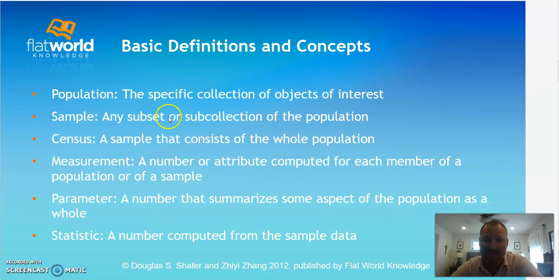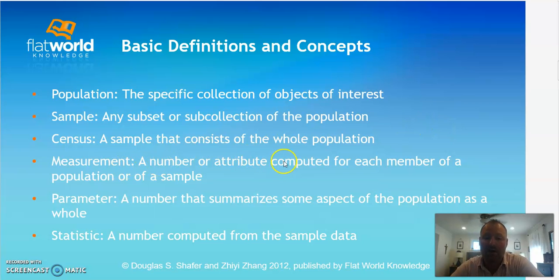A sample is any subset or collection of the population. So maybe we're only looking at those individuals that happen to be male in the United States, and we're testing for the COVID-19 virus, right? Census: a sample that consists of a whole population. So it could be just the state of Massachusetts.